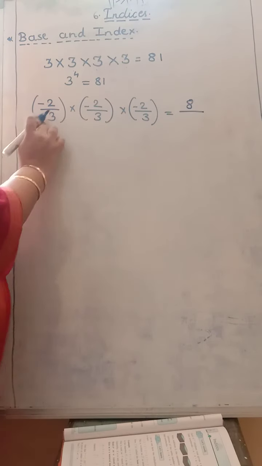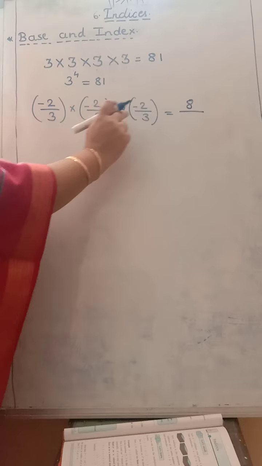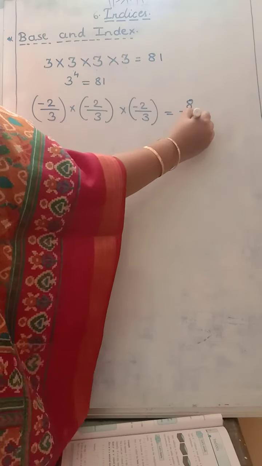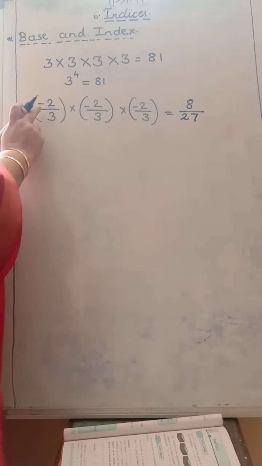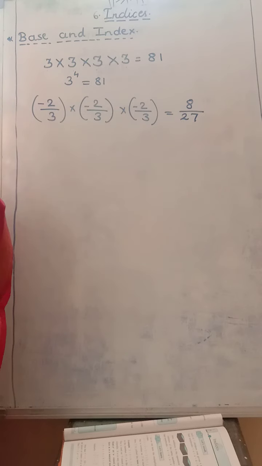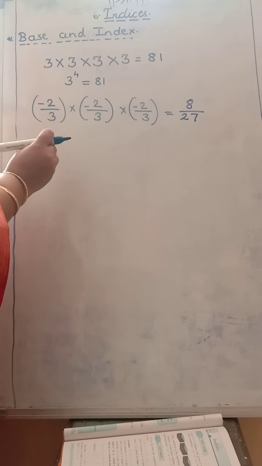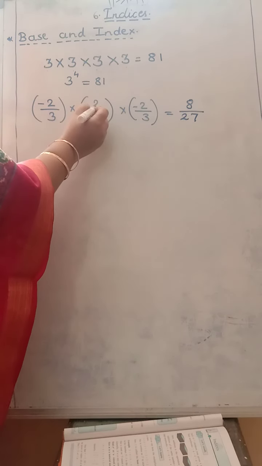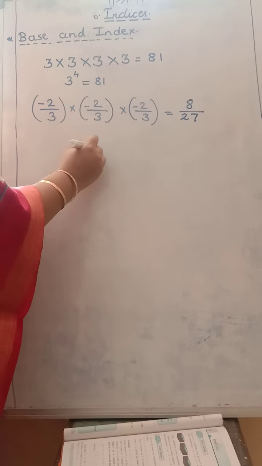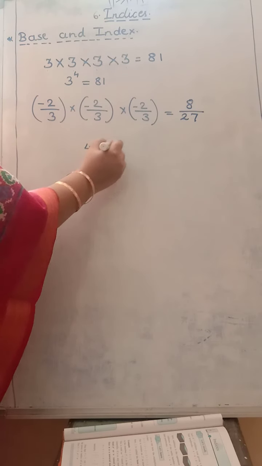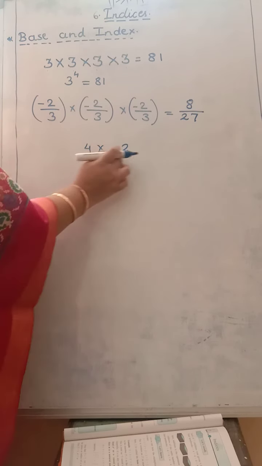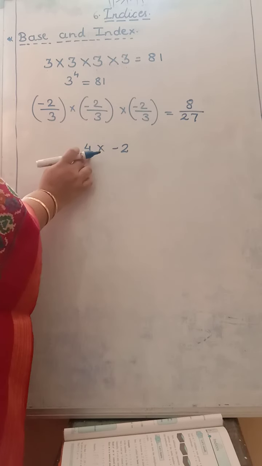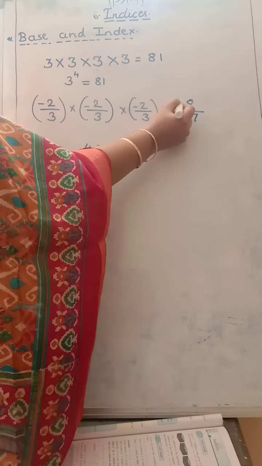Now 3 3s are 9, 9 3s are 27. Now see here, minus minus, will you get a positive answer? 2 2s are 4. Minus minus means you will get 4 only. Now into this minus 2, 2 4s are 8 and the negative sign will be there.